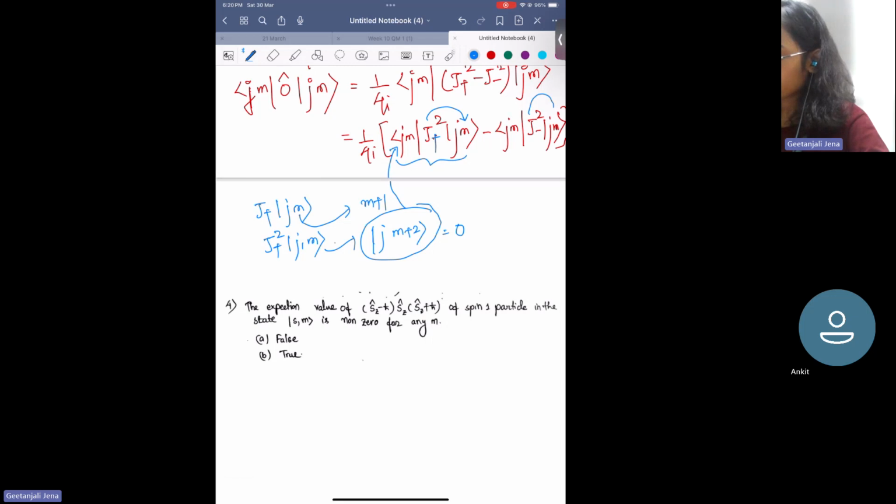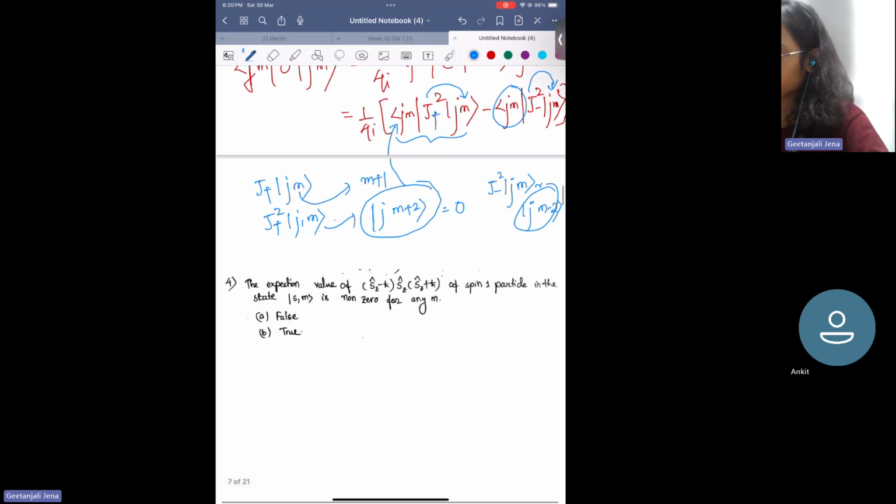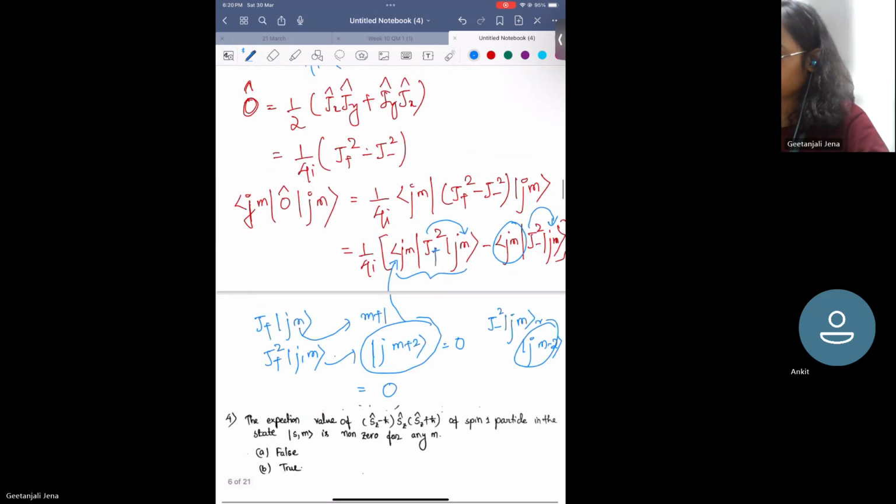Similarly, when J minus acts on this |j,m>, it changes the state of the system. So if J minus acts twice on |j,m>, then you will get a state |j, m minus 2>. Now, if you take the inner product of |j, m minus 2> with |j,m>, then you will get 0. So that means the expectation value is 0.